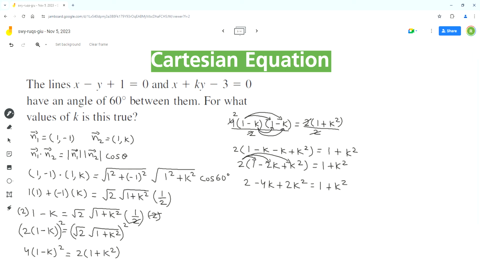So we should subtract 1 from both sides and subtract k square from both sides. We can rearrange the terms in this equation.